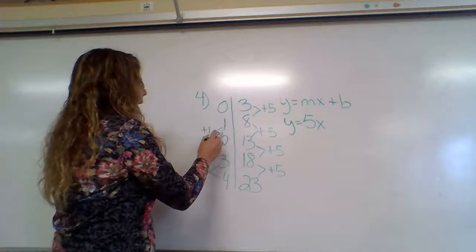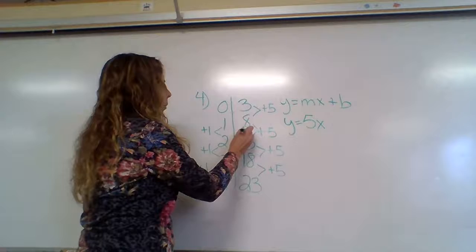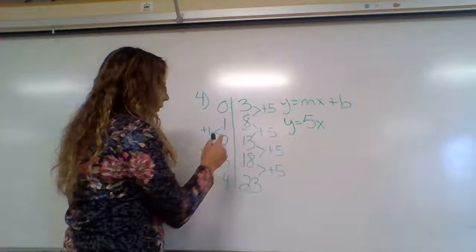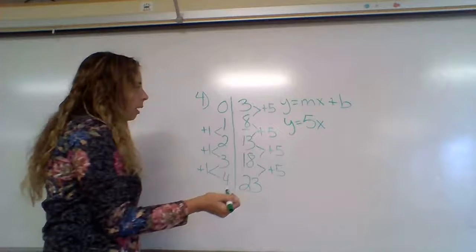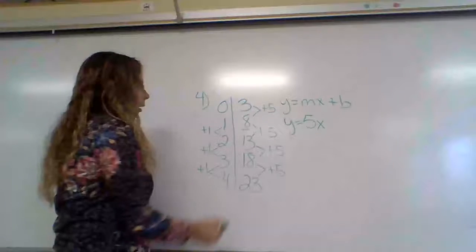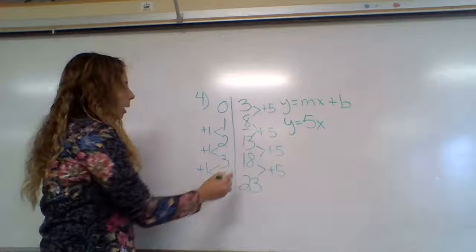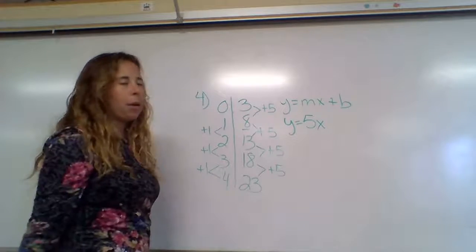So 1 times 5 is 5, but it needs to be 8. So I need to add 3. 2 times 5 is 10, but it needs to be 13. So once again, I need to add 3. 3 times 5 is 15, but it needs to be 18. So once again, I need to add 3. So that's another way you could figure it out.